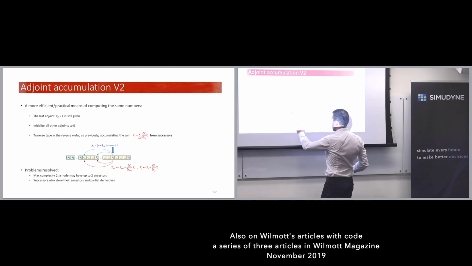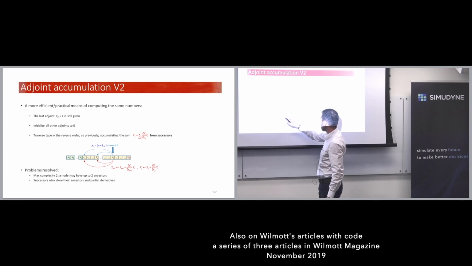So every time we hit a node, we don't look at its successors, we look at its ancestors. And by the time that we hit this node, necessarily we have already accumulated all its adjoints from what comes later, right? Because we're going in the reverse order. So by the time we hit this node, we know its adjoint, right?